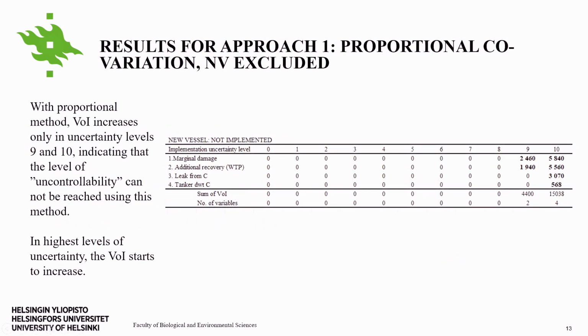So this is the value of information result for the first approach, which was the proportional covariation method, without the possibility to have the new vessel in the analysis.